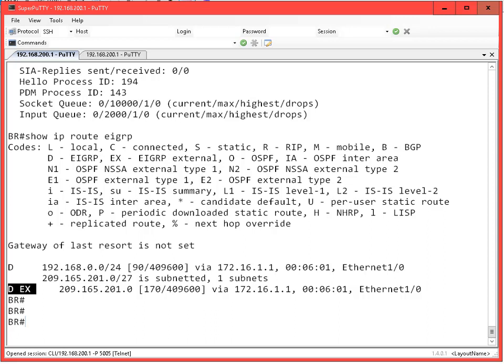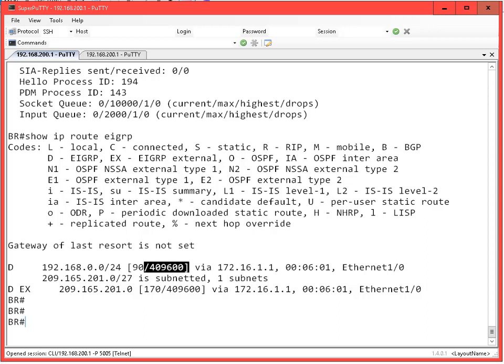In the brackets here, we can see 2 different numbers. The first number simply represents the administrative distance of the route. DEX routes have an AD of 170, whereas D routes, or normal internal EIGRP routes, have an administrative distance of 90.